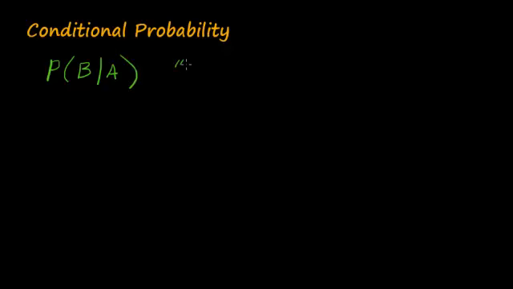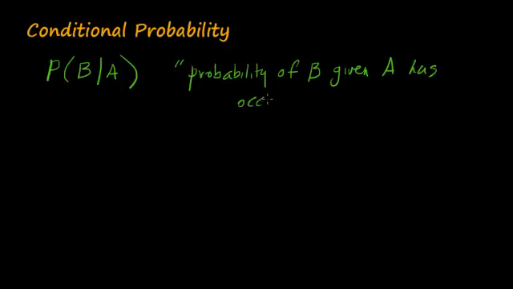As I said, it's the probability of event B, these are events that we're talking about, of B, given A has occurred. What's the probability of B happening given that we already know A has occurred?